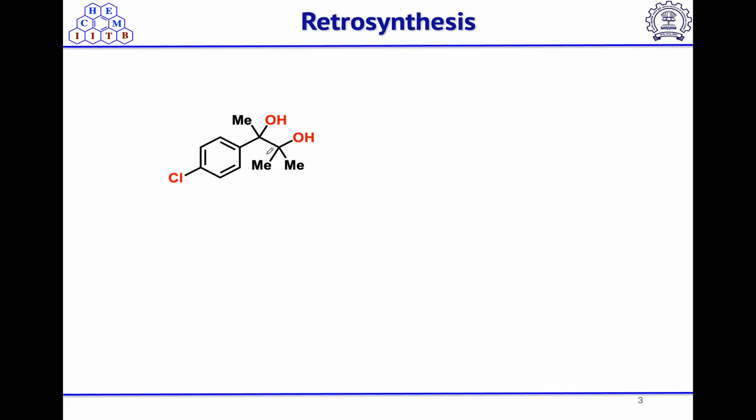Let's see. There are two hydroxy groups, so first we can have this C-C bond disconnection, this carbon-carbon and this carbon-carbon bond disconnection. As this is a tertiary alcohol, we can think of an ester from which this alcohol comes, and if we add two equivalents of Grignard reagent, we will get this target molecule.